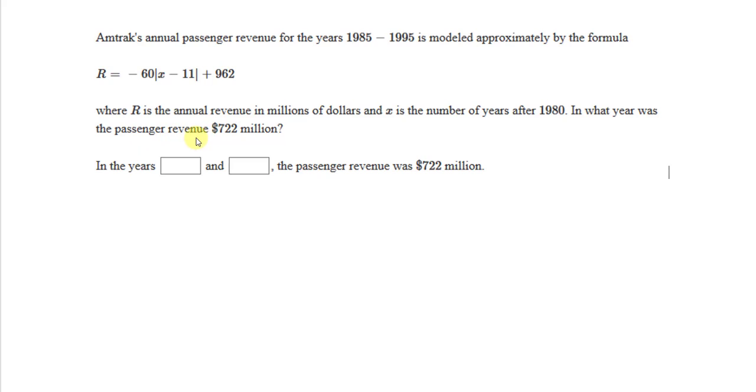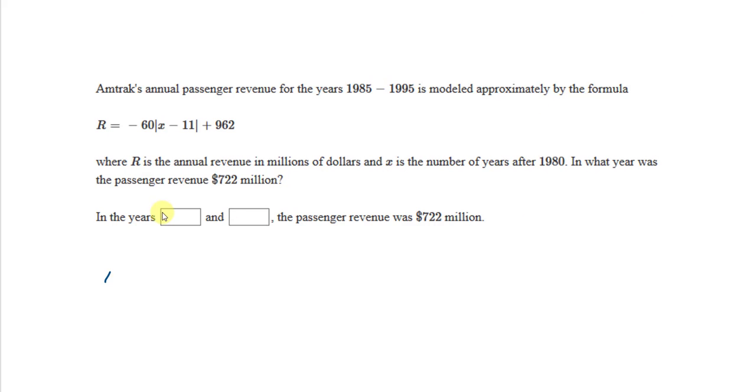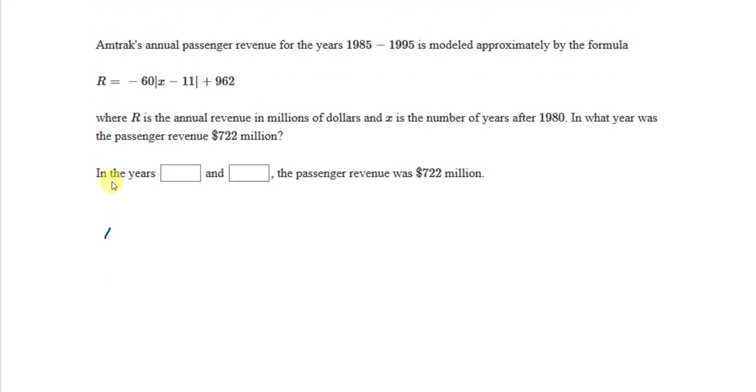Okay, for some reason my pen is not working. Okay, I'm able to write now. So you want the revenue equal to $722 million, and the revenue is this function because R represents the revenue.